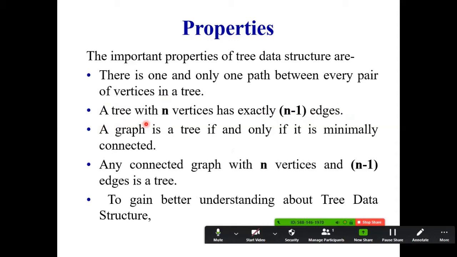We will see all of this in the coming slides. A graph is a tree if and only if it is minimally connected. This will be clarified in the coming slides. Any connected graph with n vertices or n nodes has exactly n minus 1 edges, which is what we discussed in the second point. To gain a better understanding of tree data structures, we will see the coming slides.